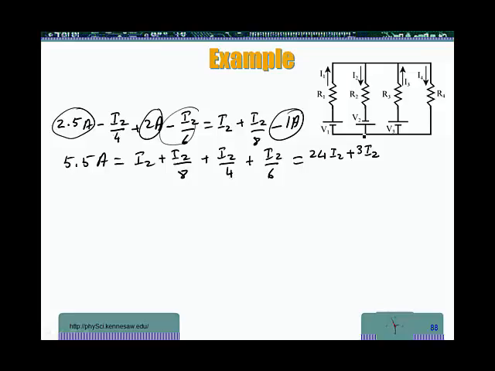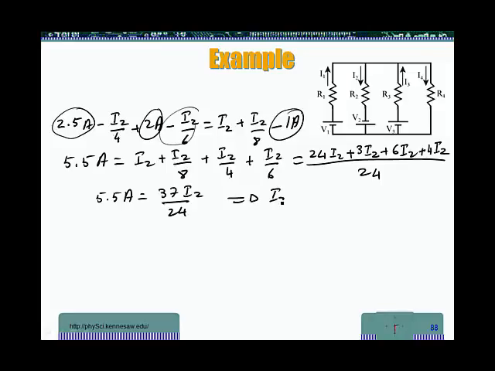To get to 24 here I have to multiply by 6, so that would be 6 I2, and then this one I have to multiply by 4, so it's going to be 4 I2 over 24. So it becomes 5.5 amps is equal to 37 I2 over 24, and that gives me I2 is equal to 3.57 amps.